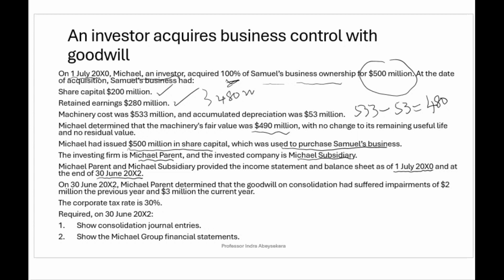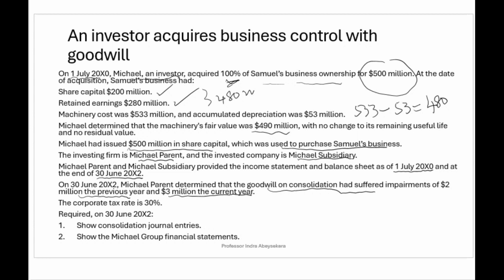On 30th June 20X2, Michael parent determined that the goodwill on consolidation had suffered impairments of $2 million in the previous year and $3 million in the current year.